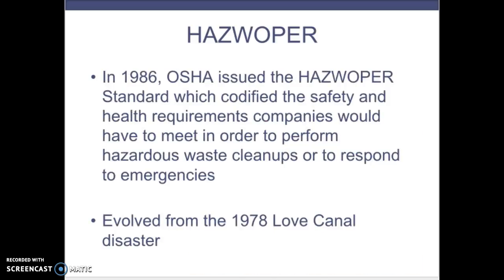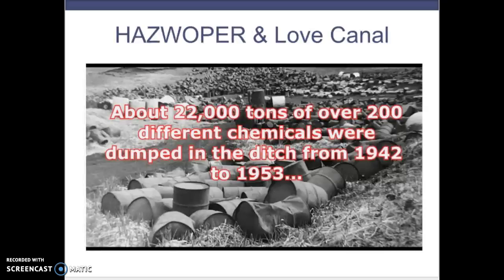This is a little bit of history about the HAZWOPER and the rationale for why it started. HAZWOPER really started because of the Love Canal. If you're more interested in the Love Canal, you can Google that, and it has an incredible explanation of the 22 tons of over 200 chemicals that were dumped in a ditch from 1942 to 1953. Today, due to knowledge, training, and education, we understand that is not the way you dispose of toxic chemicals.